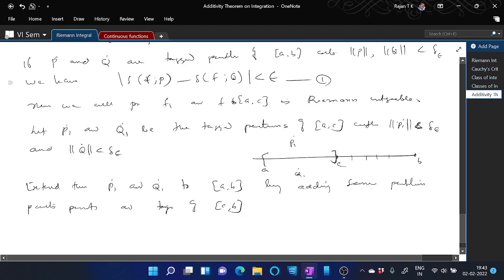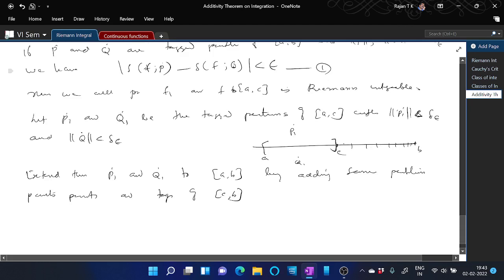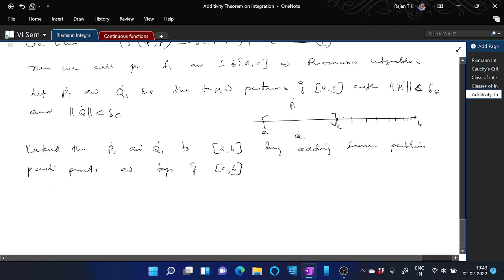So you take some partition of [C,B] here, then you add the same partition points and tags to P1 and Q1, and thereby we get P and Q, the partitions of [A,B] so obtained.